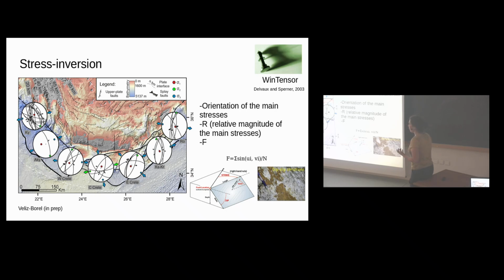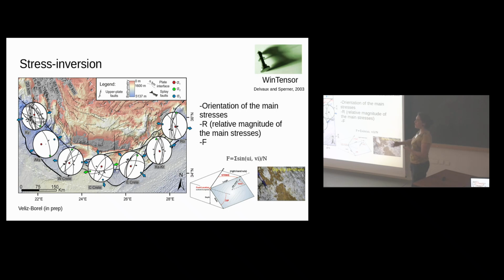So instead of doing a moment tensor sum of the faults, what I did was to take parameter F in the inversion. The parameter F calculates the angle between the predicted slip under the stress that I calculated and my observation.